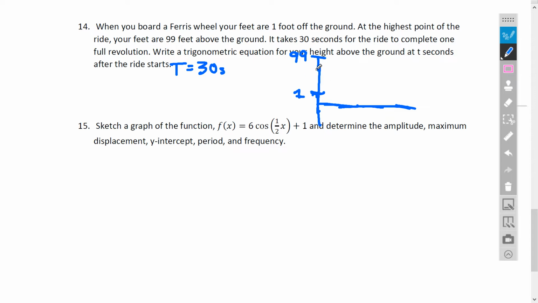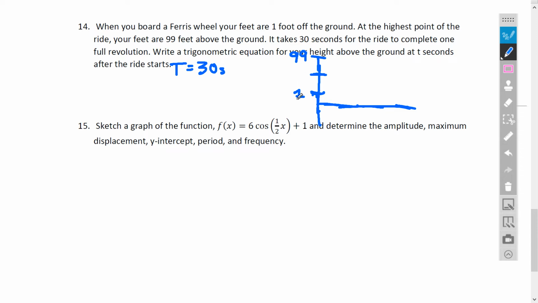So we need to figure out where the midline is, where this is oscillating around. One way to see where this is oscillating around is to take the average of these.